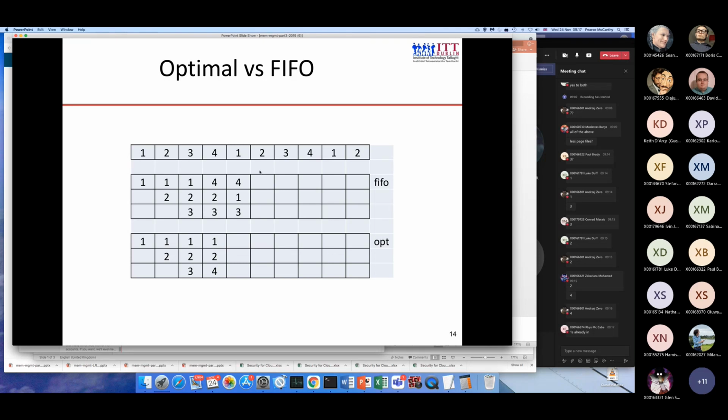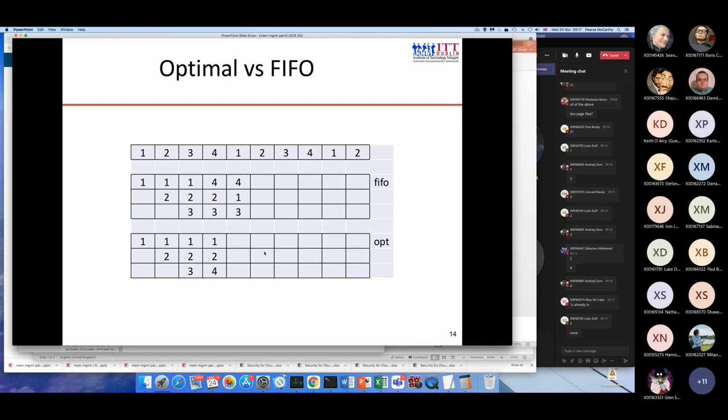FIFO. Bring in 2. Which one will I get rid of? Well done, Luke. And optimal. Which one will I get rid of? Yeah, well done.